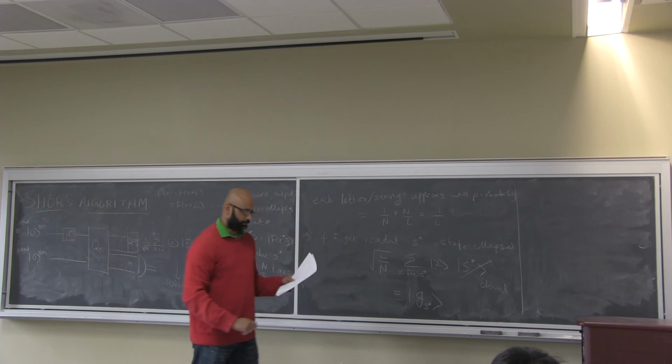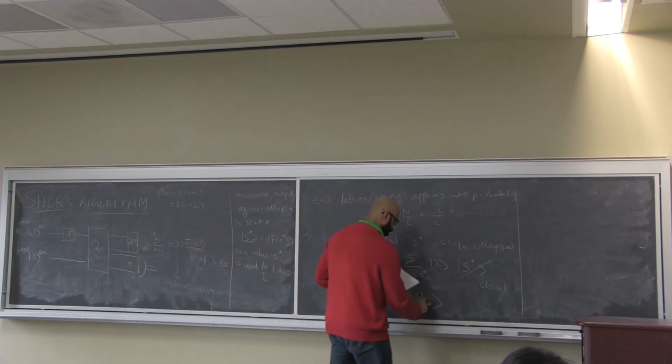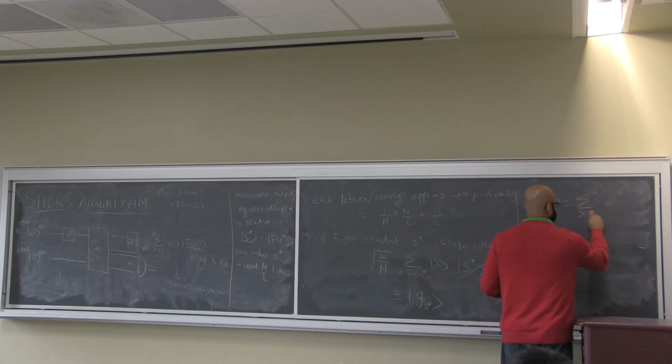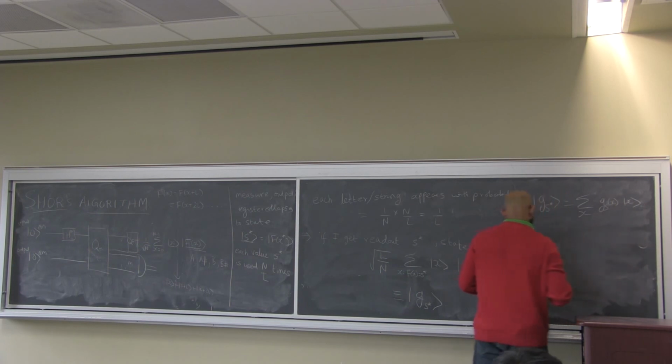This is some giant superposition, g_s star, equal to 1 over square root of n, summation over x of g_s star of x times ket x.